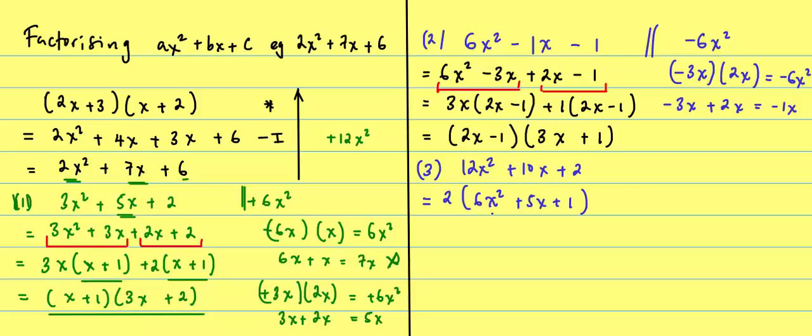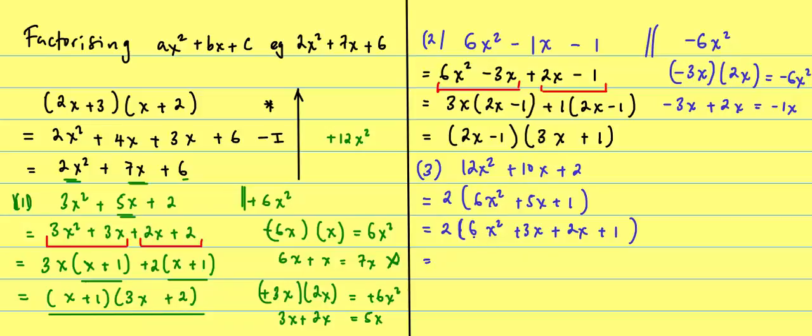So we multiply 6x squared by 1, we will get 6x squared, and we are looking for the factors of 6x squared, which when added together will give us 5x, and we saw in the first example that those factors are going to be equal to 3x plus 2x. So let me go ahead and split the middle term into those factors, and so it'll be 6x squared plus 3x plus 2x plus 1.